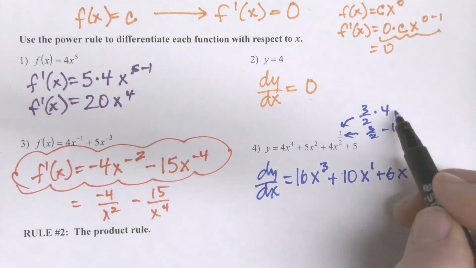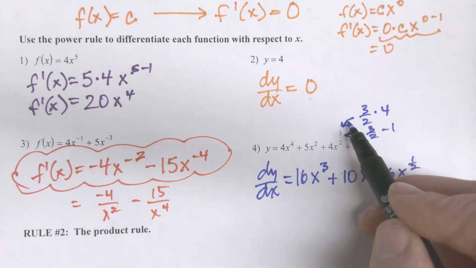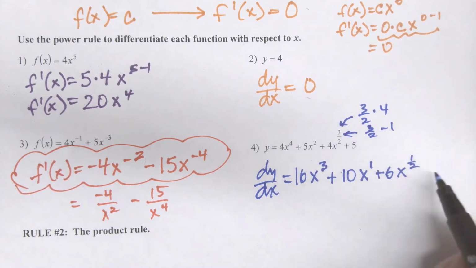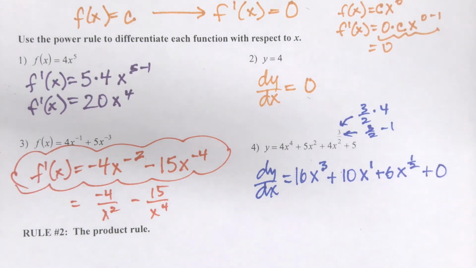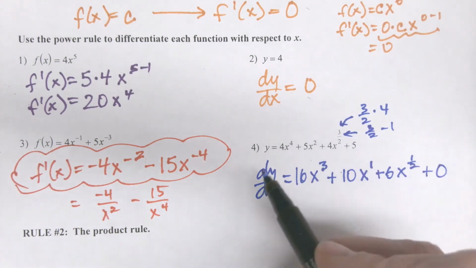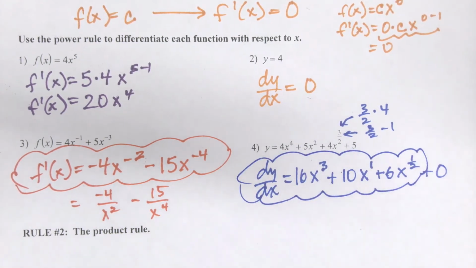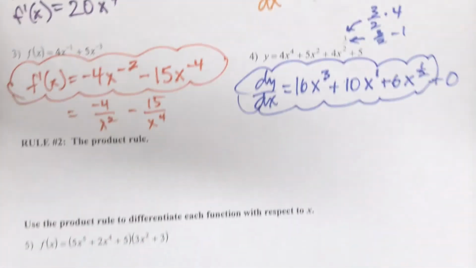This would be the number in front. That's the 6, and then the power. 3 halves minus 1 would be the power. That would be that part. And then plus 0, which I don't need to write. And so my final answer would be that. Okay?